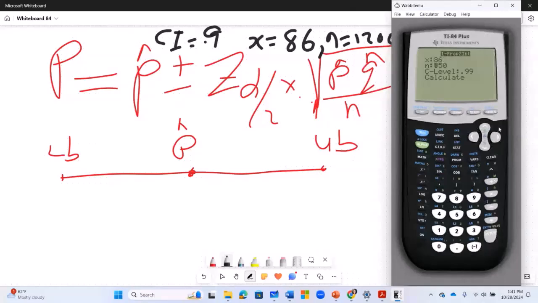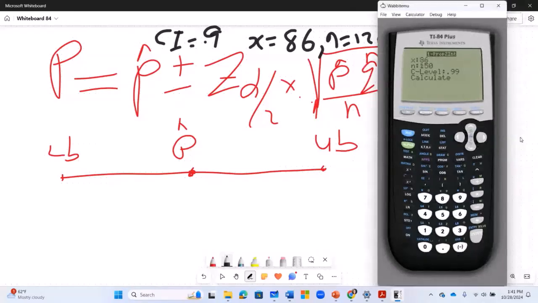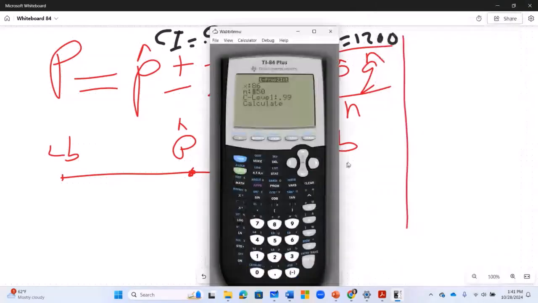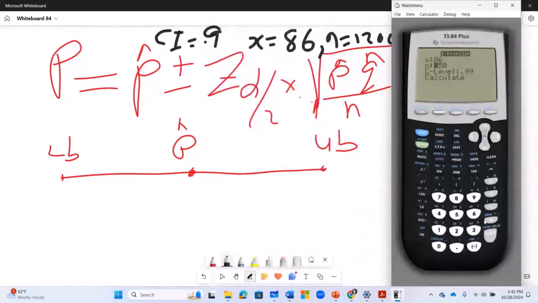What is the sample size given to me? The sample size given to me in this question is 1200. And the confidence level given to me is 0.9. And then I'm going to calculate.